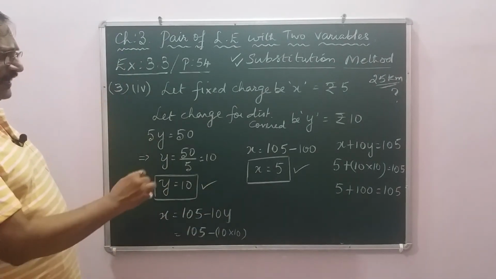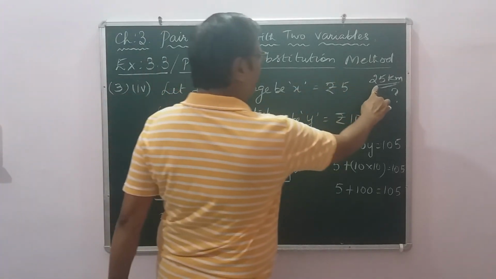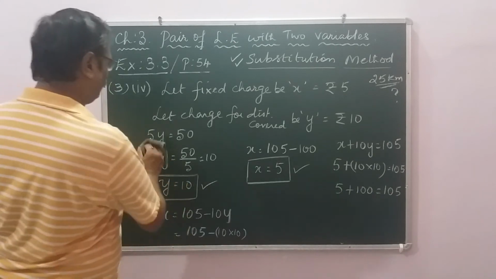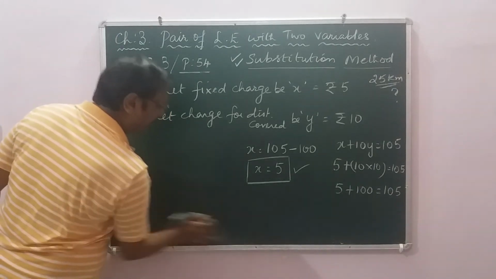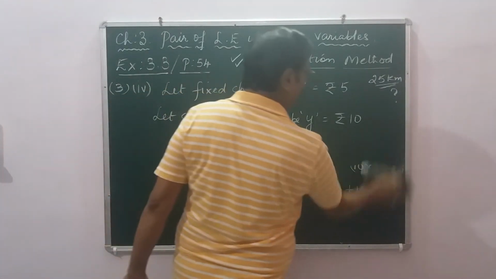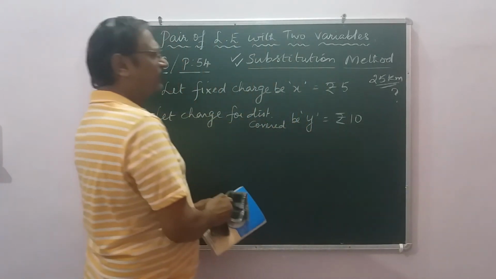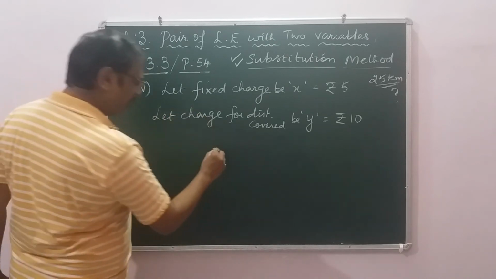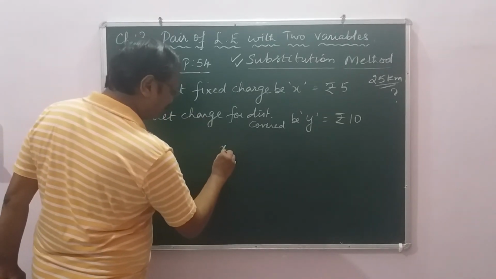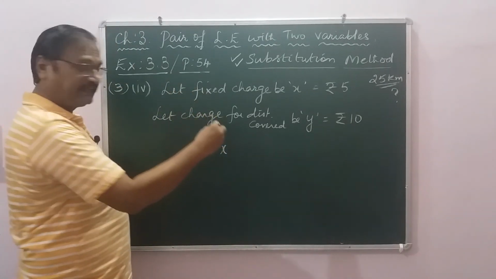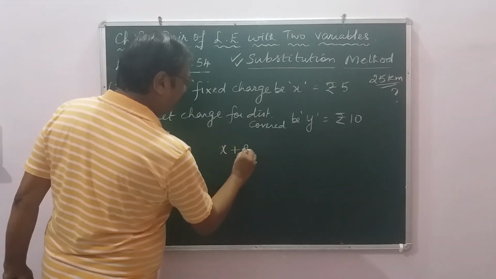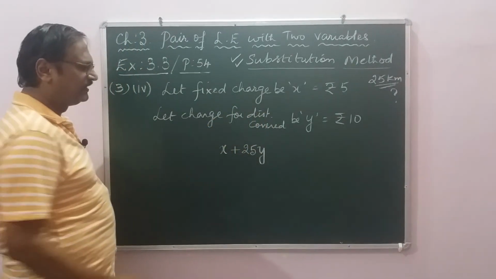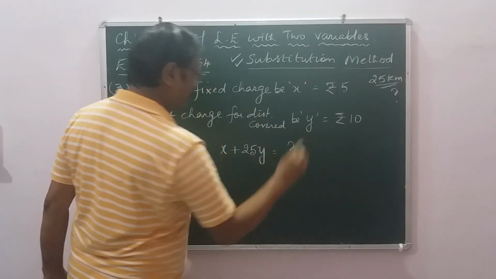There is a rider problem. If the person travels 25 kilometers, how much should the person pay? Very simple. We already calculated x value and y value, right? Now the person is traveling 25 kilometers. So he will pay the fixed charge, and he will pay the charge for 25 kilometer distance covered, and that is equal to how much?